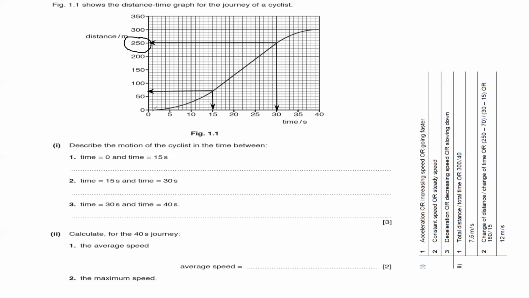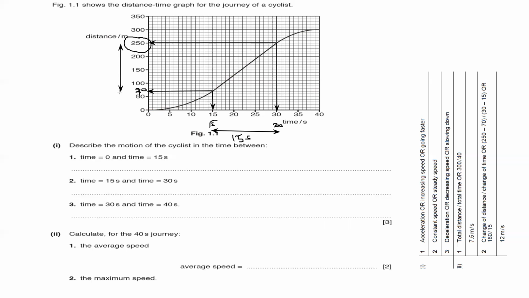So this is 70 and 250, and the time interval from 15 to 30 is equal to 15 seconds. The distance traveled is 250 minus 70, that's equal to 180.